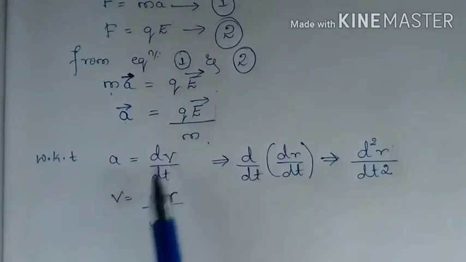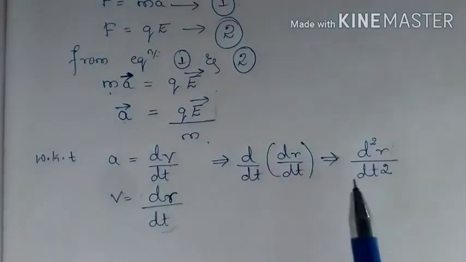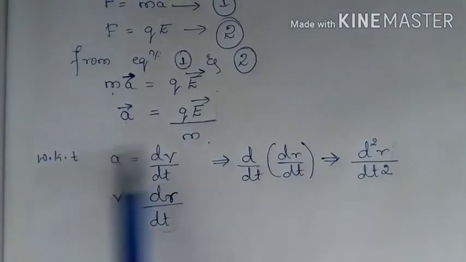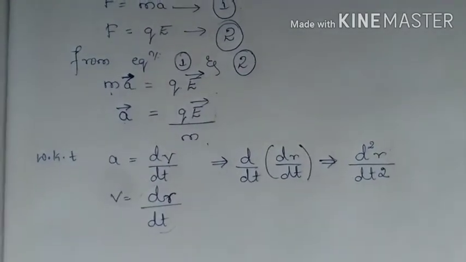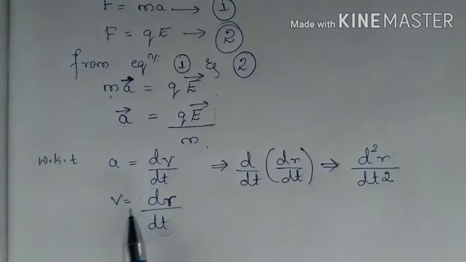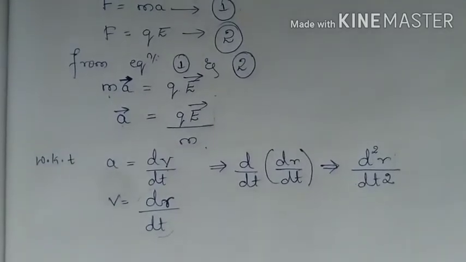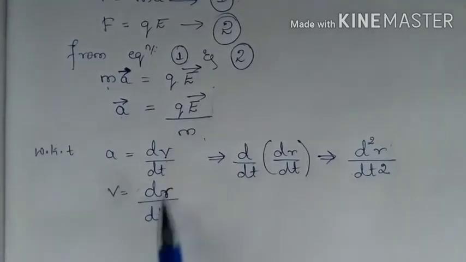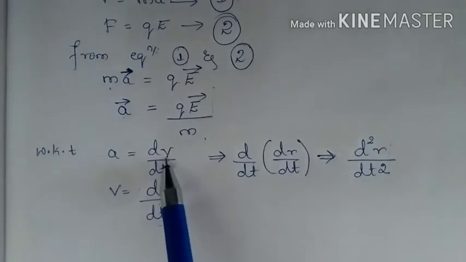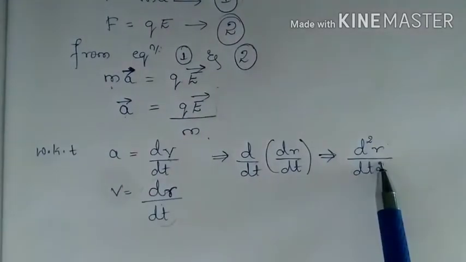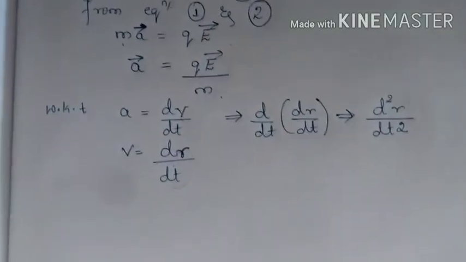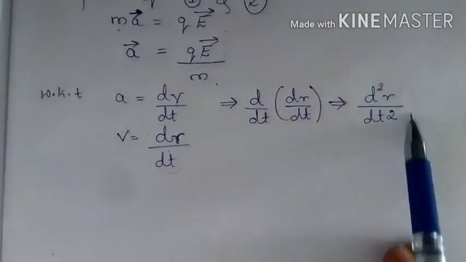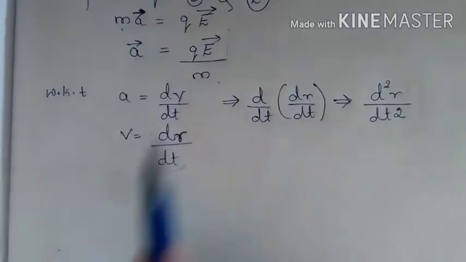So you might have learned this conversion in your +1 +2. So this is a simple conversion. You need to write acceleration as rate of change of velocity and velocity as rate of change of displacement. Substitute this velocity in this equation and write acceleration in terms of the displacement. Now let us substitute this in the a.